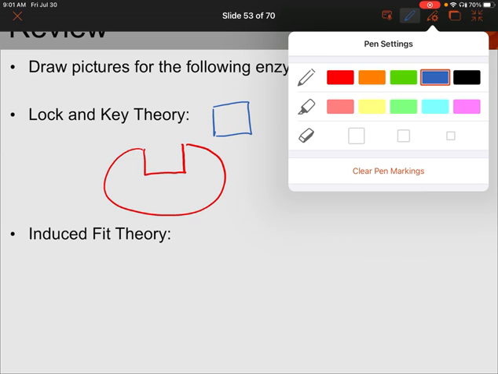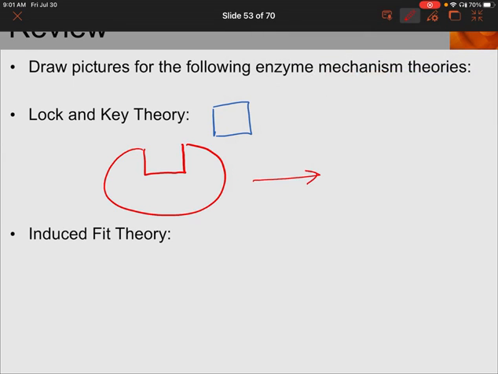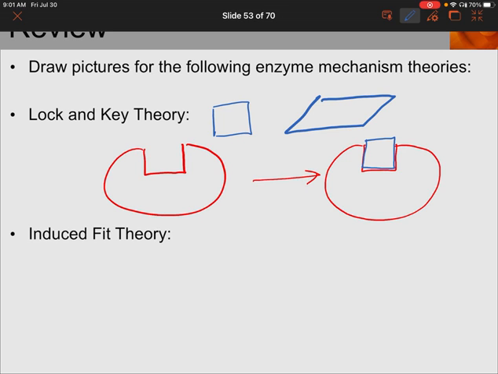So if they join together, we've got a perfect lock and key. If we had a different shape, let's say maybe we had this shape, that wouldn't fit, right?